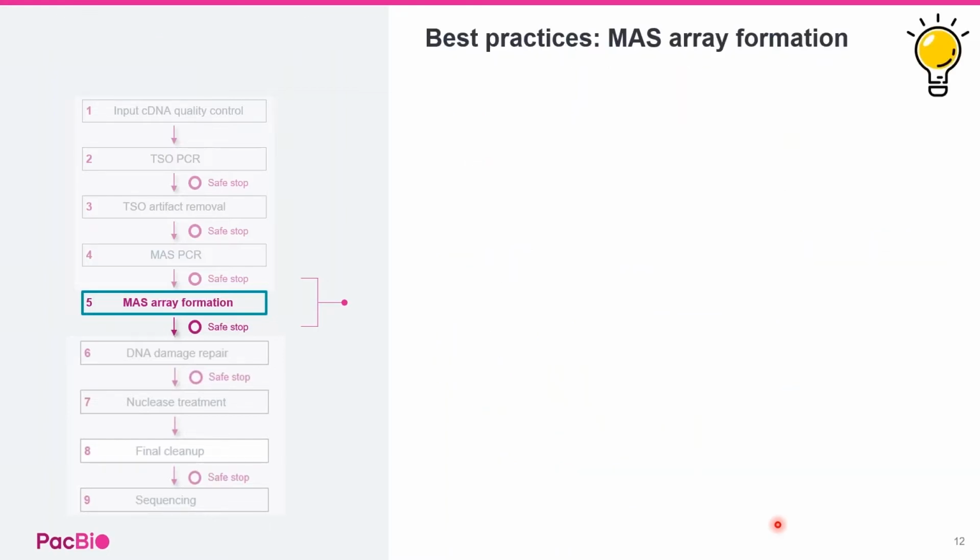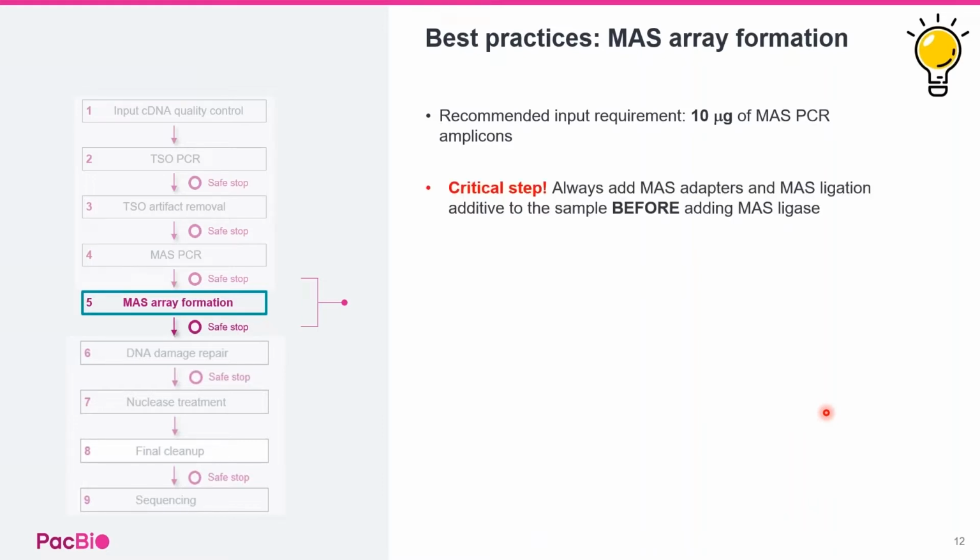Best practices for the MAS array formation step. The recommended input requirement into this step is 10 micrograms. A critical step is to always add MAS adapters and MAS ligation additive to the sample before adding MAS ligase, and this is to ensure uniform ligation.